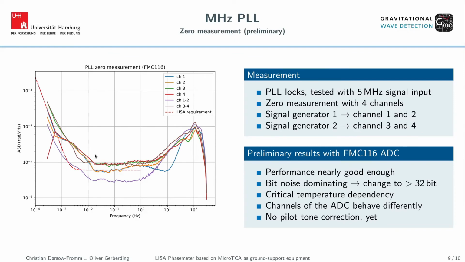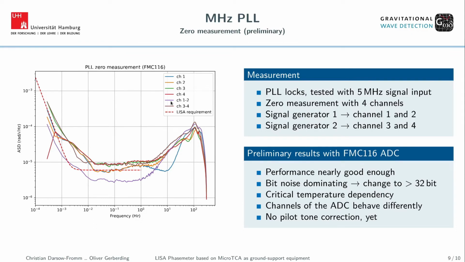Let's have a look at the zero measurement here. Note that it's currently running with 32-bit, so therefore you can see this relatively high noise at higher frequencies, and the overall noise floor should go down if I increase the bit rate.